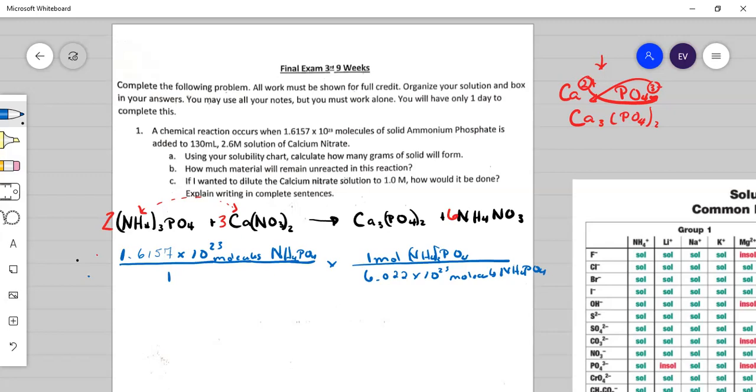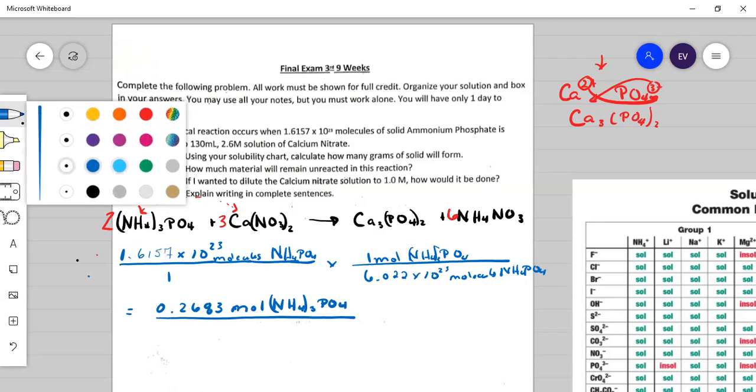So that's going to give me 0.2683 moles of ammonium phosphate. If you got something close to that, if you only use 3 decimal places, that's okay. That's going to be a small rounding error, so not to worry.